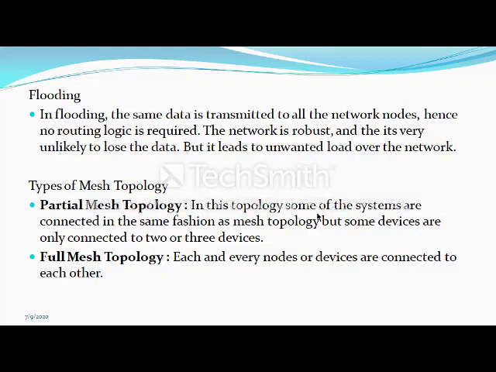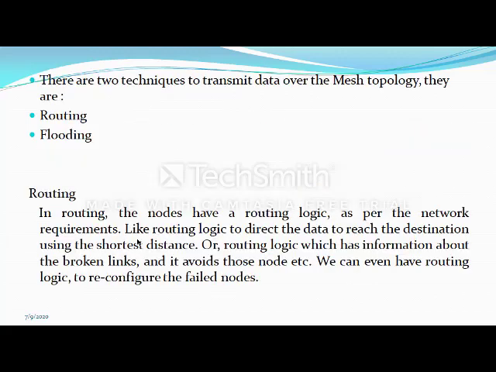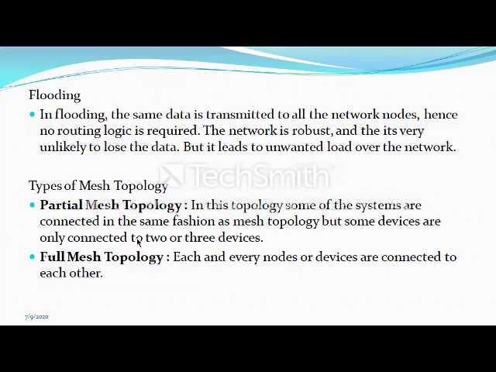That means here each one is connected to the other, but in partial mesh this may not be connected to this, like that. In full mesh topology, each and every node or device is connected to each other.